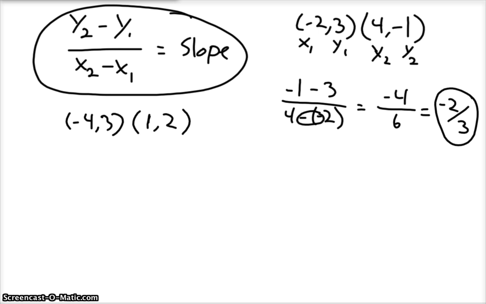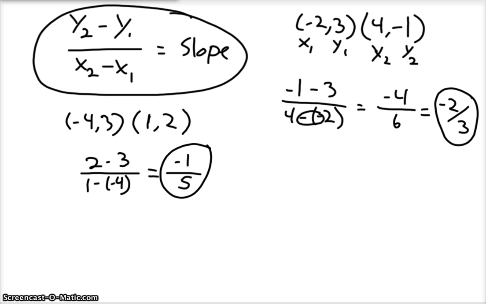Okay, so plugging this in, I have 2 minus 3, and then I have 1 minus negative 4. So I end up with negative 1 over 1 plus 4, which is 5, negative 1/5. Okay, that's really plugging in your equations and finding answers.